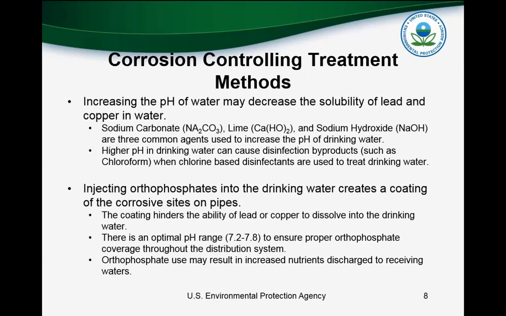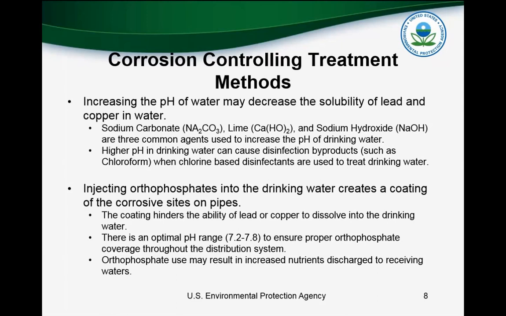Sodium carbonate, lime, sodium hydroxide, those are 3 agents that you can use to increase the pH of drinking water. That being said, if you do have higher pH in your drinking water, it may cause disinfection byproducts such as chloroform when chlorine-based disinfectants are used in the drinking water treatment plant.